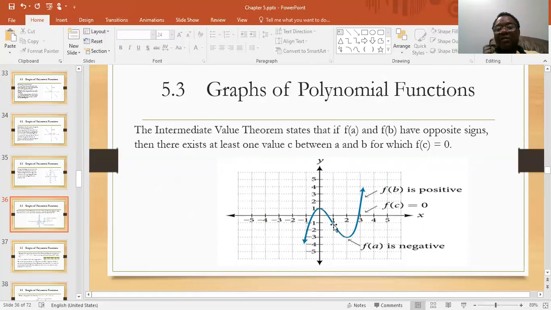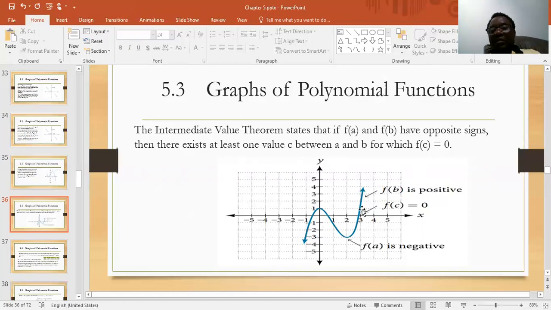We have here that f of 0 is 1, and f of 2 is -3. So there must be a point where the graph crosses the x-axis between 0 and 2.